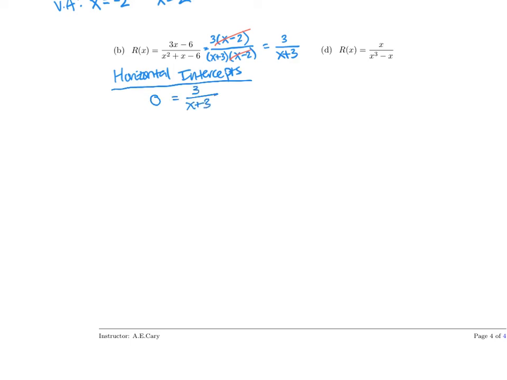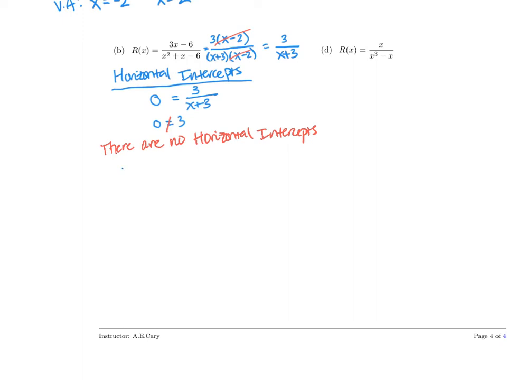I'm going to multiply both sides by the denominator, but 0 times anything is just 0. So again, I get 0 is equal to 3. Oh, but that's not true. That's not a real life actual thing. So we're going to say there are no horizontal intercepts. Okay. If you do find a horizontal intercept with x is equal to, please just write it as a point with your x value, comma, 0, since that is your y value.